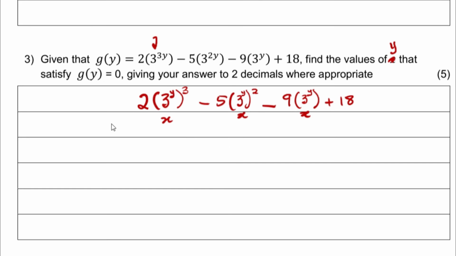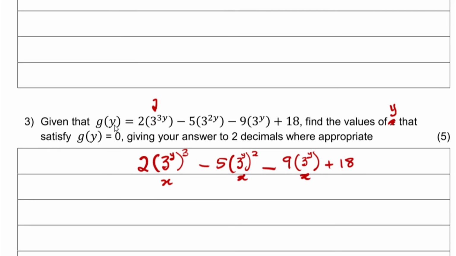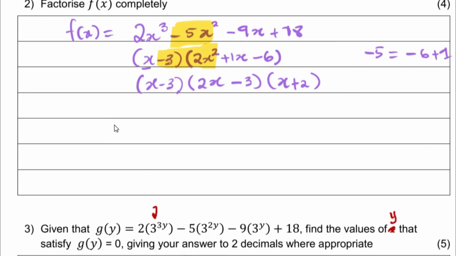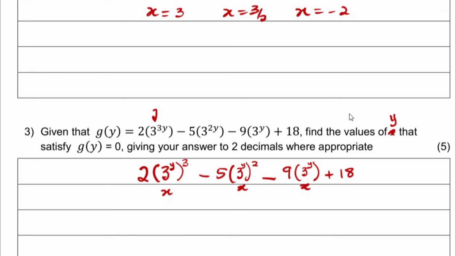So now in the previous question, we factorized what this will give you, right? Let's say this question here had equals 0. What would be your answer? The answer would have been x = 3, x = 3/2, and x = −2. So we are just going to replace x with 3^y, every single thing you have there.